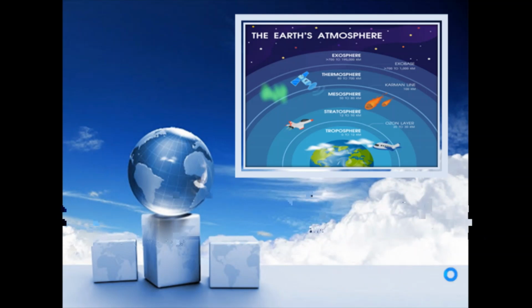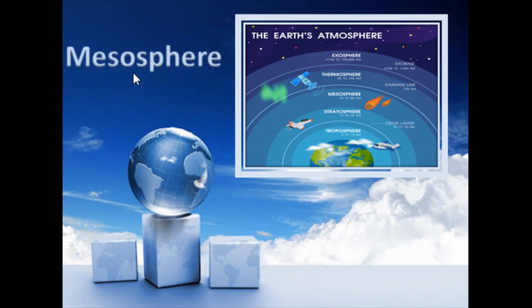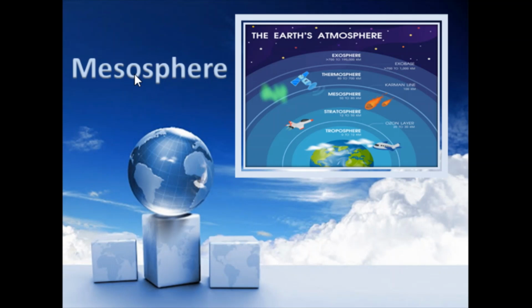And the third one is, 1, 2, 3. What layer of the Earth's atmosphere is this? Okay, it's the mesosphere.